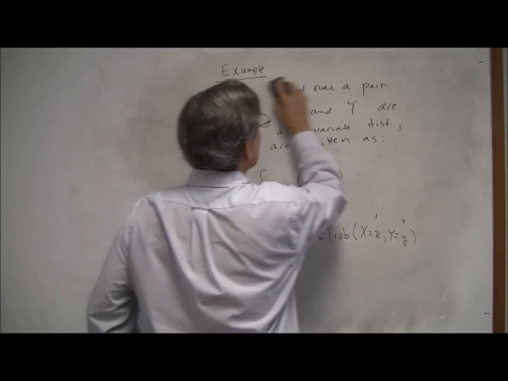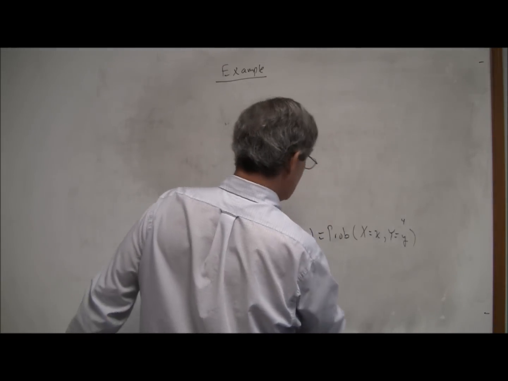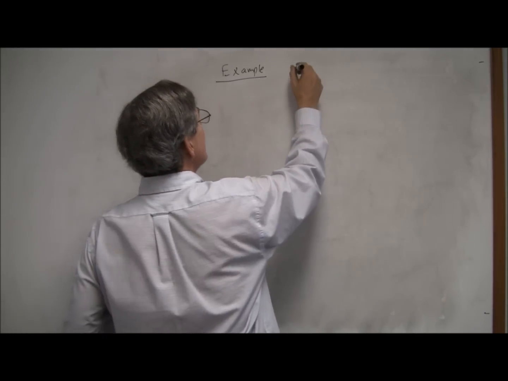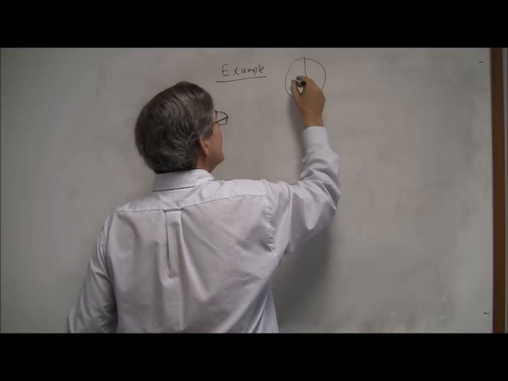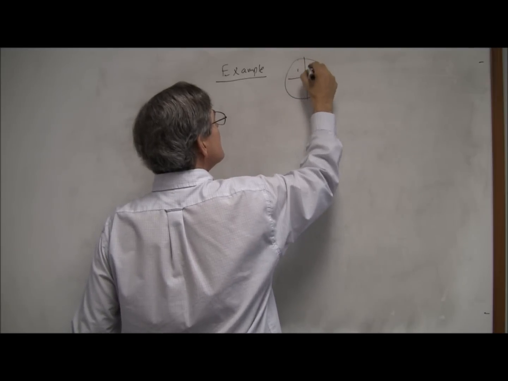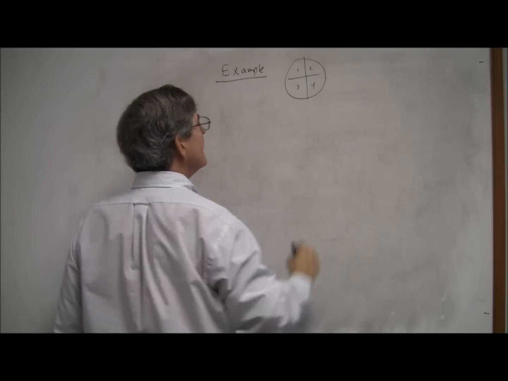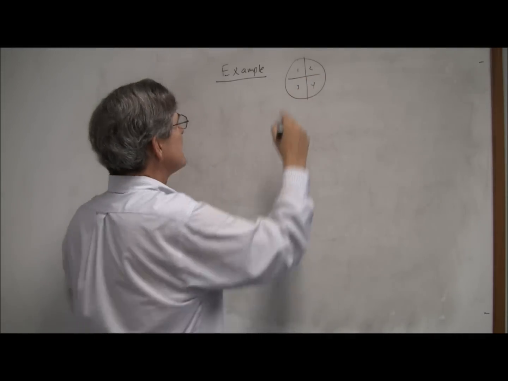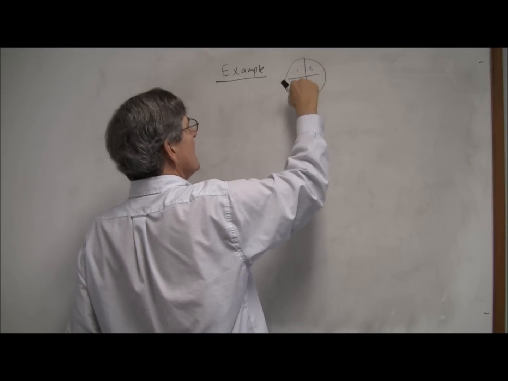So let's do that example I just talked about. We're going to spin twice. We've got this spinner, and we've just divided it into 4: 1, 2, 3, 4. We've got it set so it can't come out on the borders. So we spin it, and it comes out one of these 4 numbers.